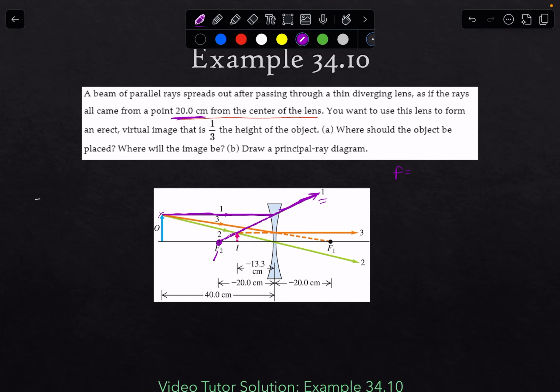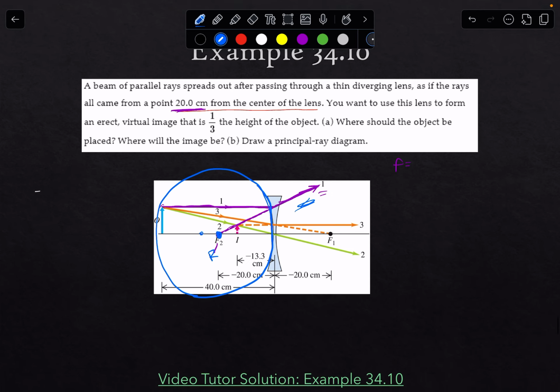But if the radius of curvature is on the incoming side, F and R are negative. And sure enough, take a look at the first lens: this radius of curvature right here creates that first lens. Boom, there's our F and our R. Well, R is 2F, but just pretend. There it is, it's on the incoming side.